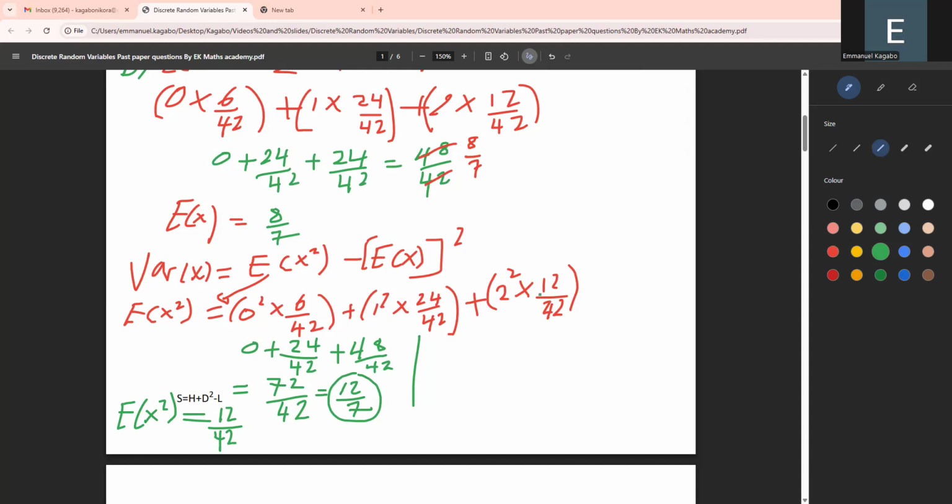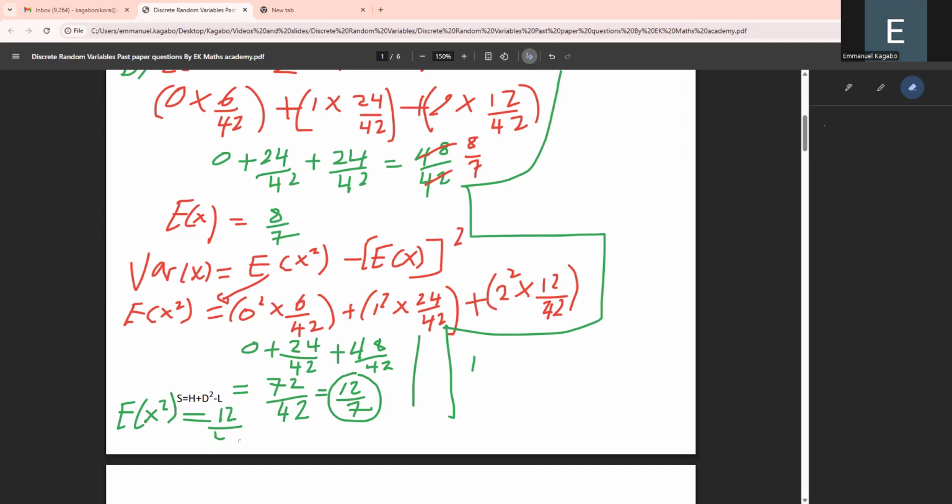Altogether, guys, very good. Now, the question is asking me to find the variance, okay? But the variance, we said it's E of X squared minus the mean squared. Oh, sorry, my bad, guys. This is the 7, it's going to be over 7, right?